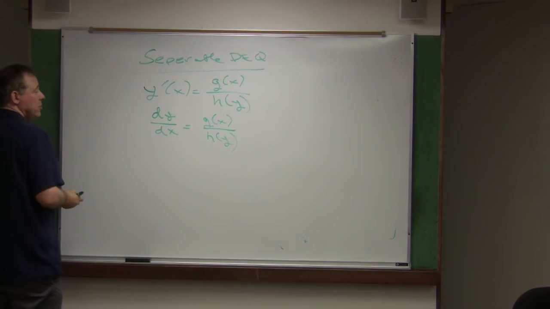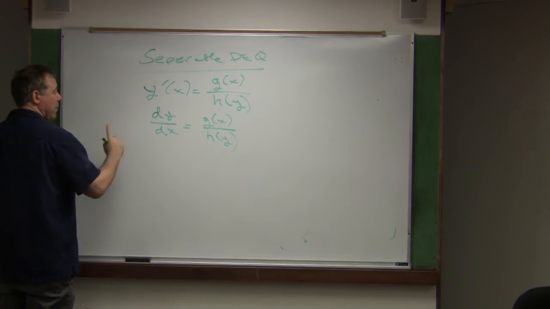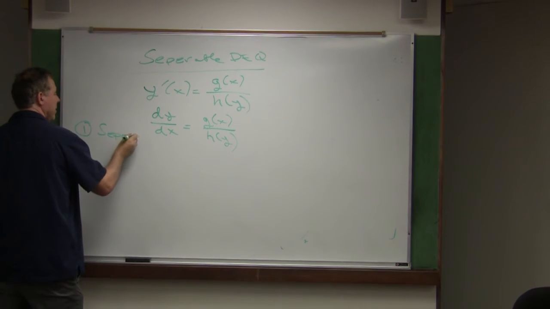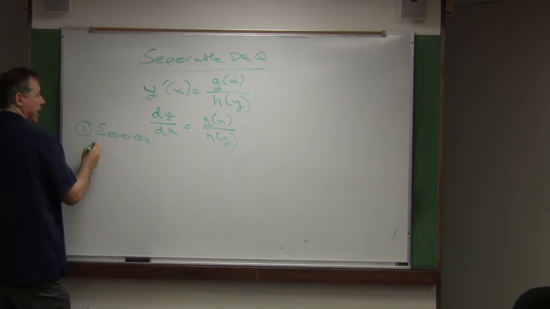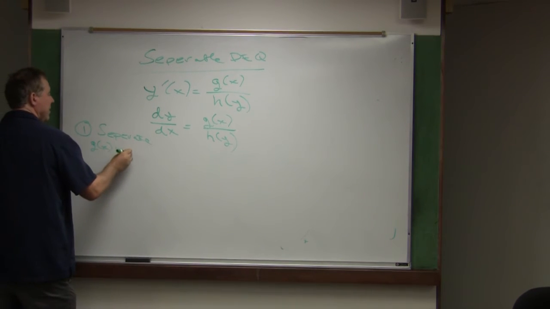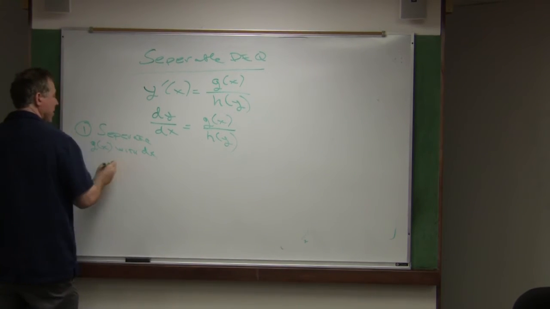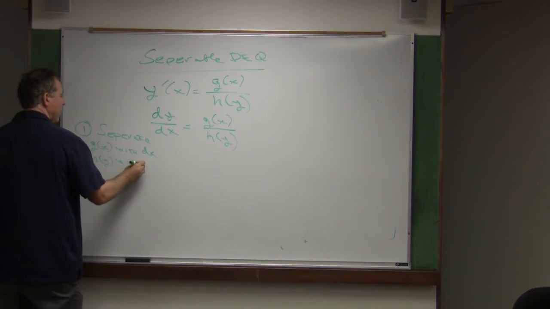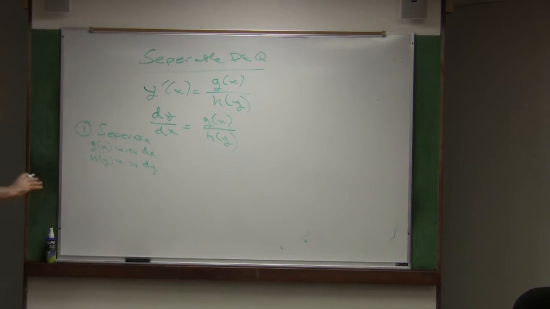You are then going to separate. In other words, you're going to get the g of x with the dx, and you're going to get the h of y with the dy. So you have to get all the y's and dy's on one side and all the x's and dx on the other side.